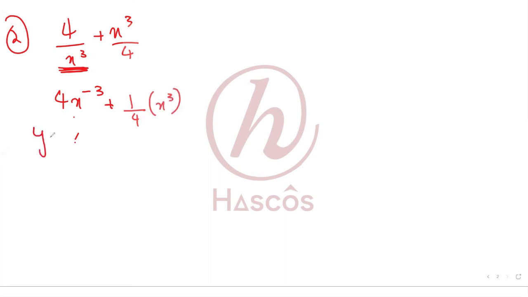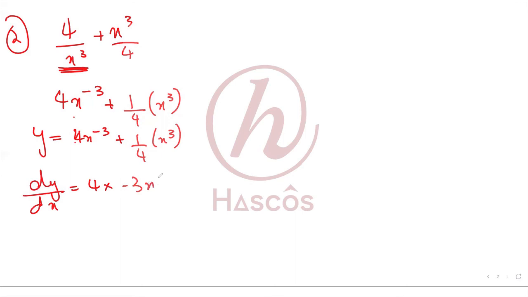And then let's call this a term in y, 4x^(-3) plus 1 upon 4 times x cubed. And then we do dy over dx is equal to 4 times minus 3x^(-3-1) plus 1 upon 4 times 3x^(3-1). This becomes minus 12x to the power of minus 4. This becomes plus 3 upon 4 times x squared.